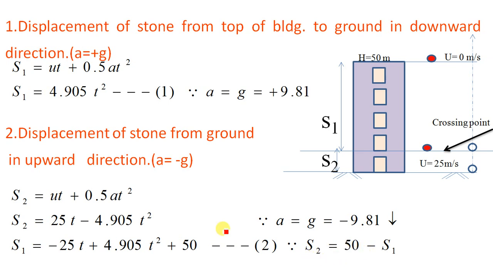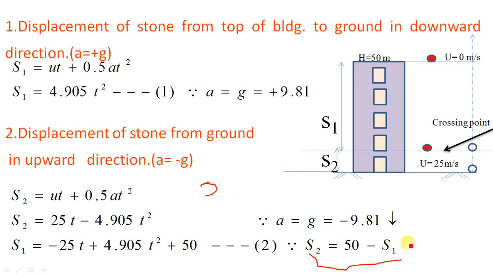Got it or not? I will write here: s2 is equal to 50 minus s1. So we have to write down the equation in terms of s1. The same equation I have written down in terms of s1.